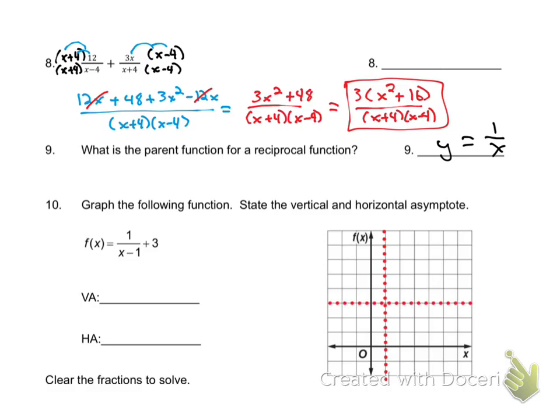So vertical x equals 1, y equals 3. And it's 1, so our graph would just be like this. Don't worry about getting the exact points. Just go ahead and sketch that.